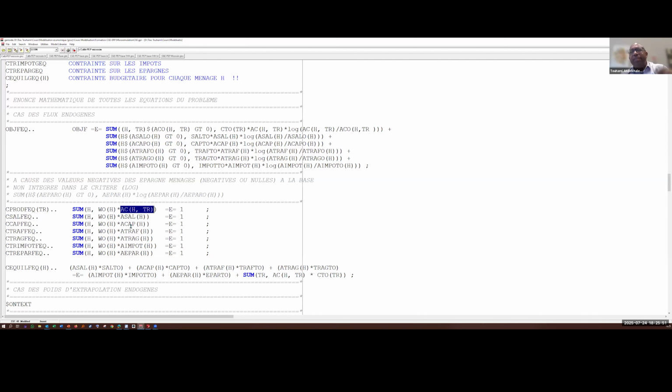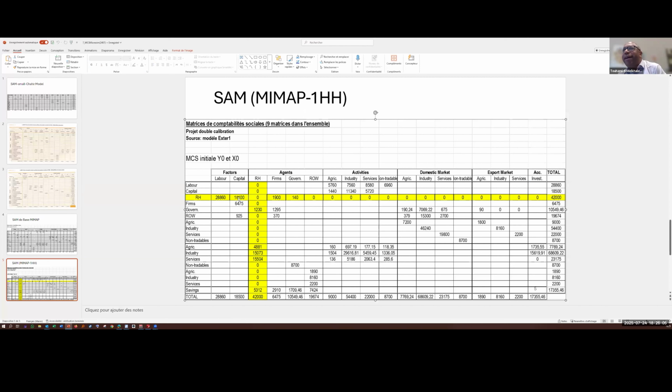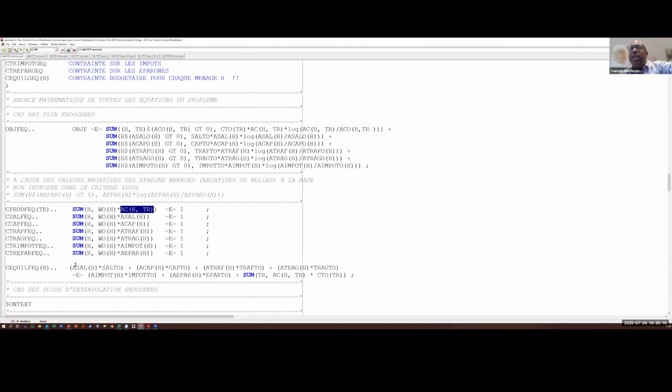This constraint is mathematically equivalent to saying that when we extrapolate, we must find exactly the value we have here, and we will verify that. On doit trouver exactement les valeurs que l'on a. And these conditions are simultaneously answered.